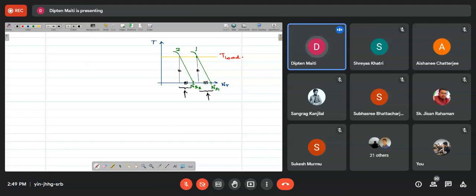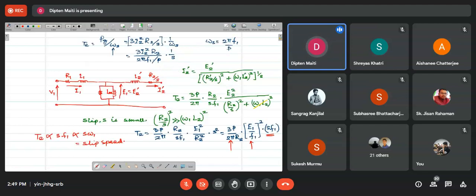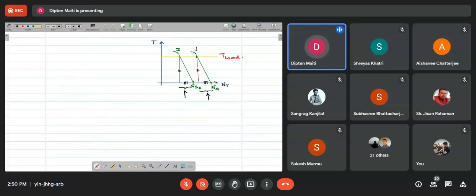So in a sense, the green line 1 and green line 2 would be parallel to each other. If, by keeping E by F, the part in the third bracket, constant, you want to achieve a different load torque, and for that you move from one synchronous speed to another synchronous speed, that also happens because to maintain this E by F ratio, if you change the frequency, you change the voltage also, so that way you change the synchronous speed also.